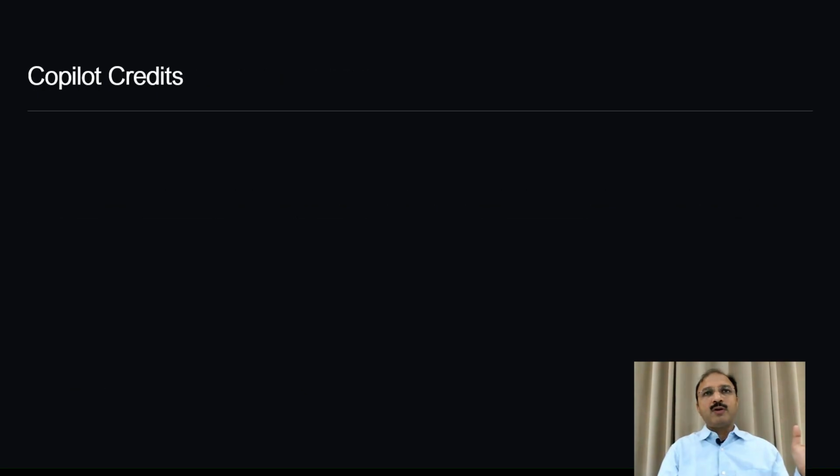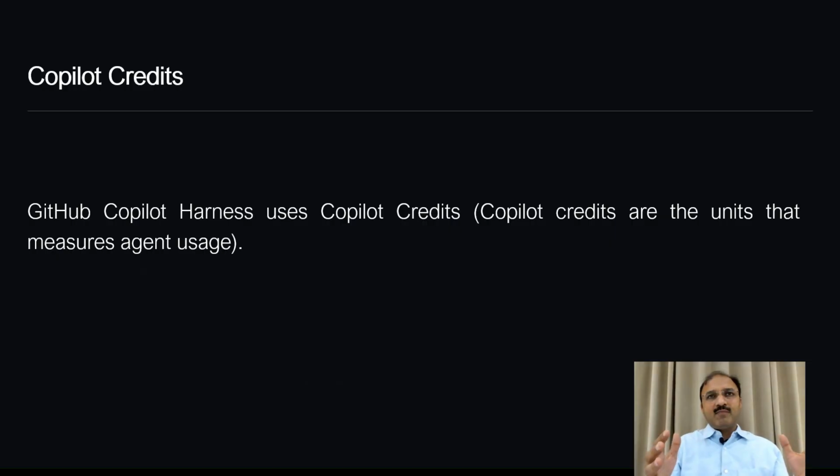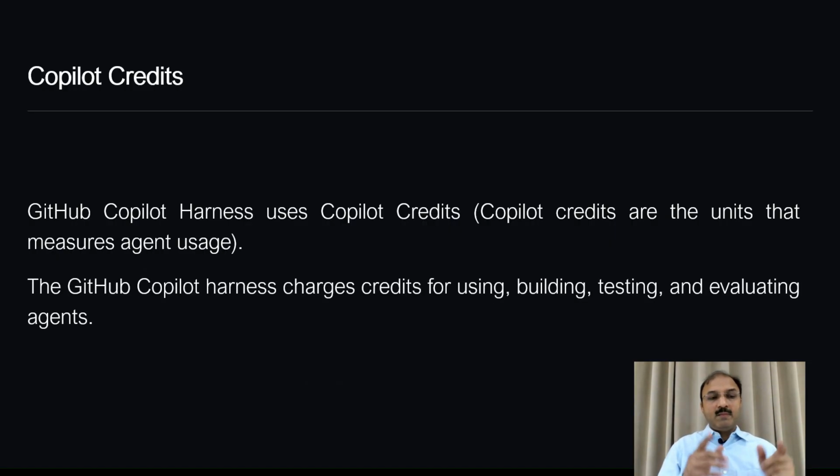When we talk about the GitHub Copilot Harness, it is also important to talk about Copilot credits. It's kind of a currency that the agent uses for its execution. Please notice that the new Copilot Studio Experience, which uses the GitHub Copilot Harness, charges credits for building, testing, and evaluation of the agents.